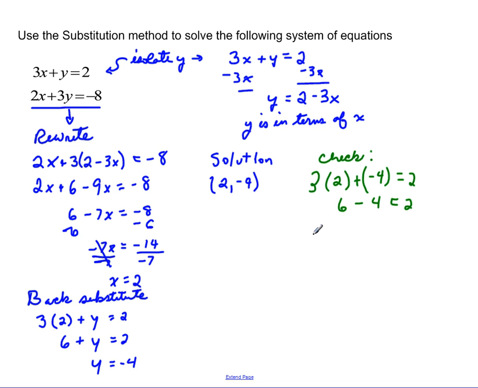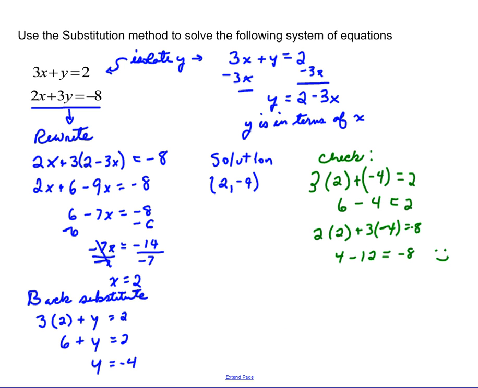How about the next one? What if I took 2 times 2 plus 3 times negative 4, would I get negative 8? Well, 4 minus 12 does indeed give us negative 8, so that's also true, and so that works. Nice thing about system of equations, you can always check your answer.